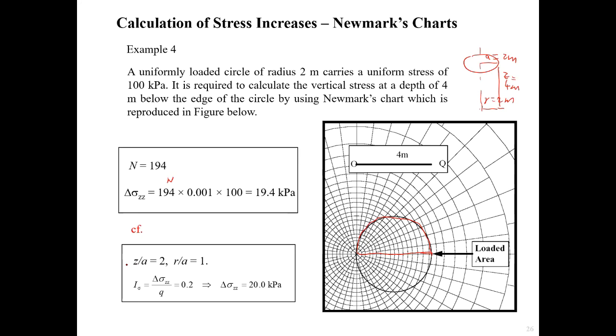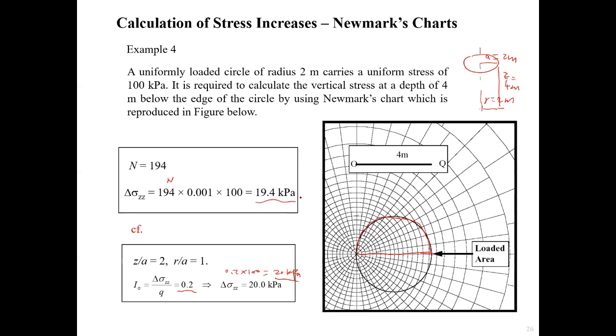Z over A is 4 divided by 2, so that's 2. R over A is 2 divided by 2, so that's 1. If you know Z over A and R over A, referring to the previous design chart we are able to find the influence coefficient, which is 0.2. Multiplying by Q gives the stress increase, which will be 20 kPa. This is quite close to this value.